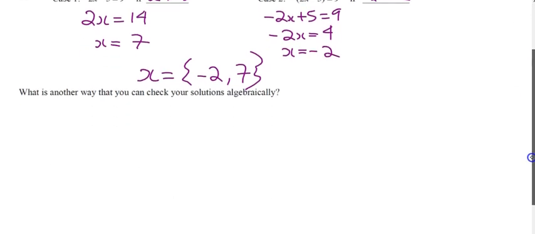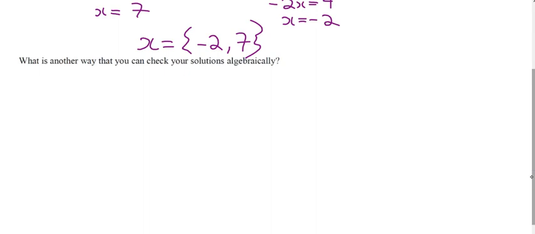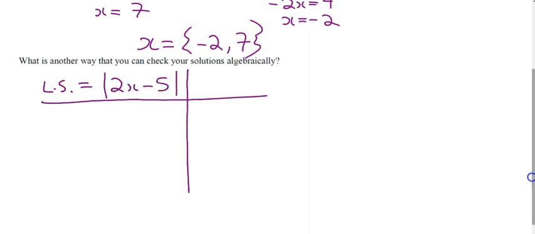So to check your solution algebraically, I like to do a left side, right side. I'm going to say the left side is equal to the absolute value of 2x minus 5. We're back in the original equation, right? Because that's what we're checking, does this solve the original equation?